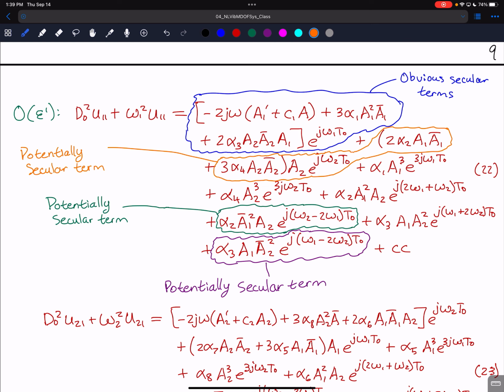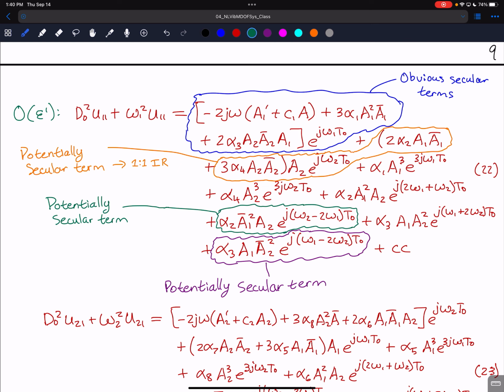That would be known as a one-to-one internal resonance. So this guy leads to this one-to-one internal resonance, which I'm just going to write as IR.